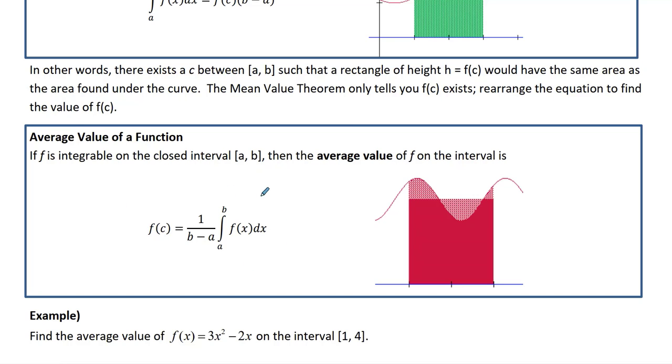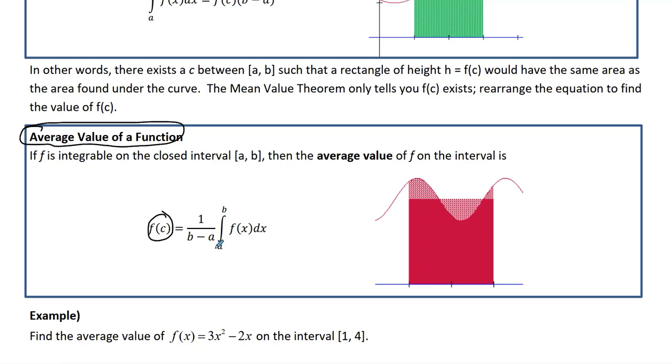So this is what you're probably a little more familiar with, which is here. This is the average value of a function, very, very important. Basically, the mean value theorem for integrals is saying that f of c, so f of some value, is equal to the average value of the function. Rate of change is derivatives; average value is integrals.